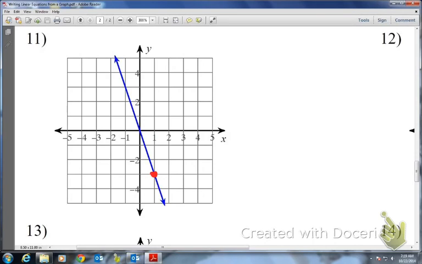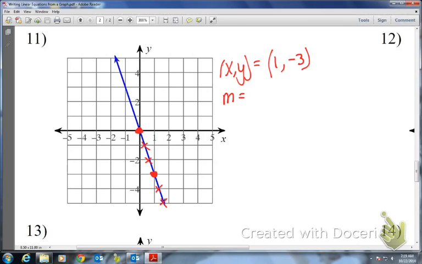All right, and then from there, I'm going to write that my point, x comma y, is the point 1 comma -3, because that's where I chose my point. The only other thing you need to know is the slope, because for point slope form you just need a point and you need the slope. So if I start down here at this point, I need to find another point where it goes through crosshairs. It doesn't go through crosshairs here or here or here, but it does right here, so I can use these 2 points.